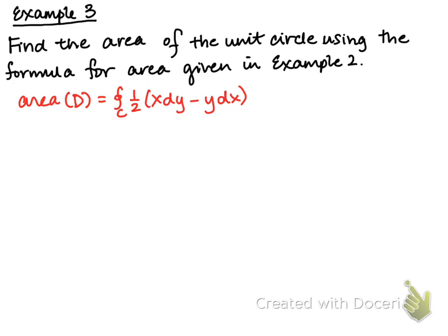So I'm going to say, let x equal cosine t and y equal sine t, and t is going to go from 0 to 2 pi. Okay, so there's my parameterization. I'm just going to go ahead and plug in here.